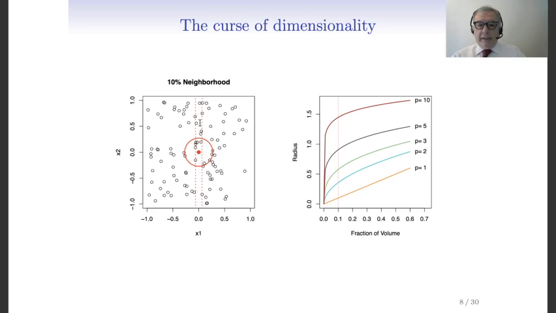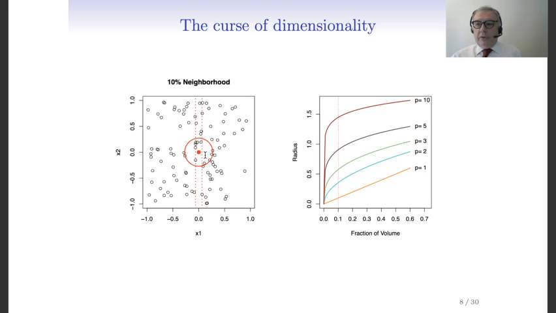The band has been chosen in such a way that I have about 10% of the data in this neighborhood, and you can see that this neighborhood is reasonably local. So I have 10% of the data, which guarantees that my averaging will be a good average, but I have not taken points that are far away from the red one.